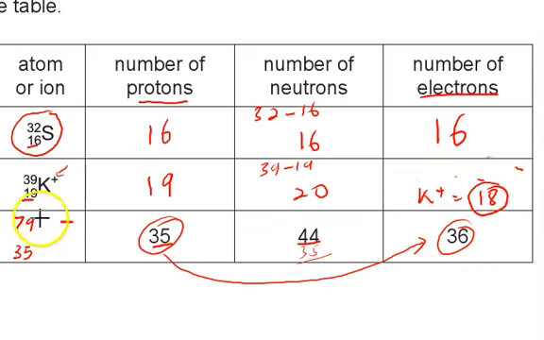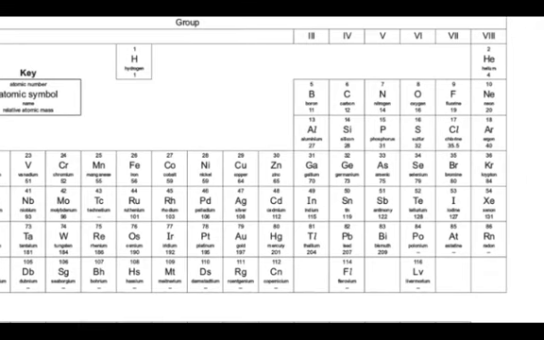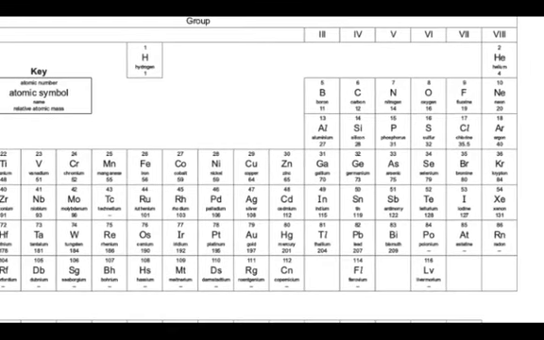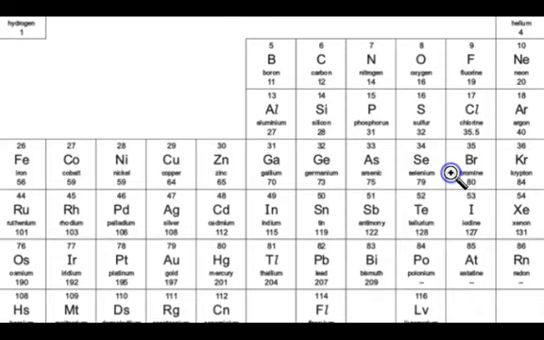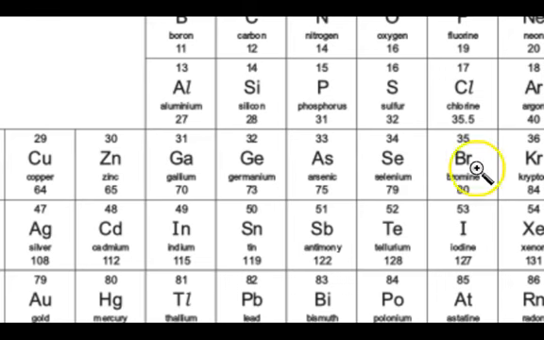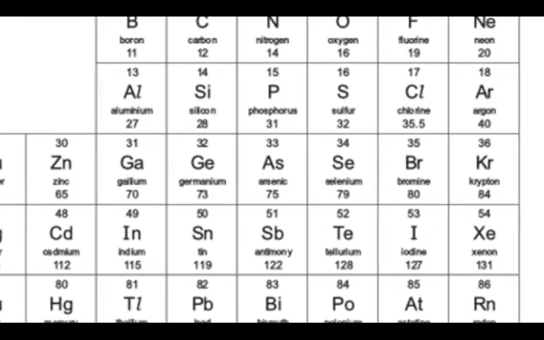So to check what element this is, we have to go to the periodic table searching for 79 and 35. So this is our periodic table. So 79 and 35. Make it much bigger, and you can see there is a 35 here. Okay, so we have to take the same proton number. So here we will have bromine.